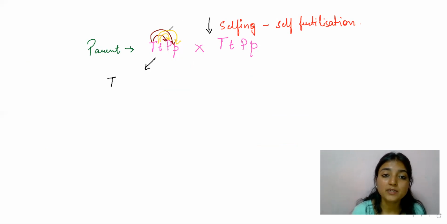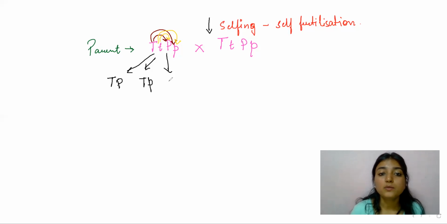The first is capital T capital P. The second one is capital T small p. The third one is small t capital P, and the fourth one is small t small p. Fine. Here again the same.